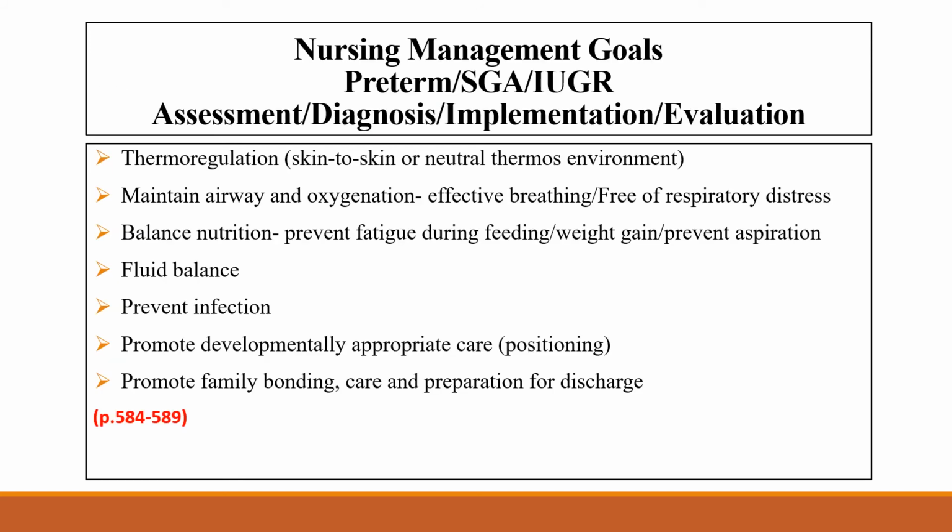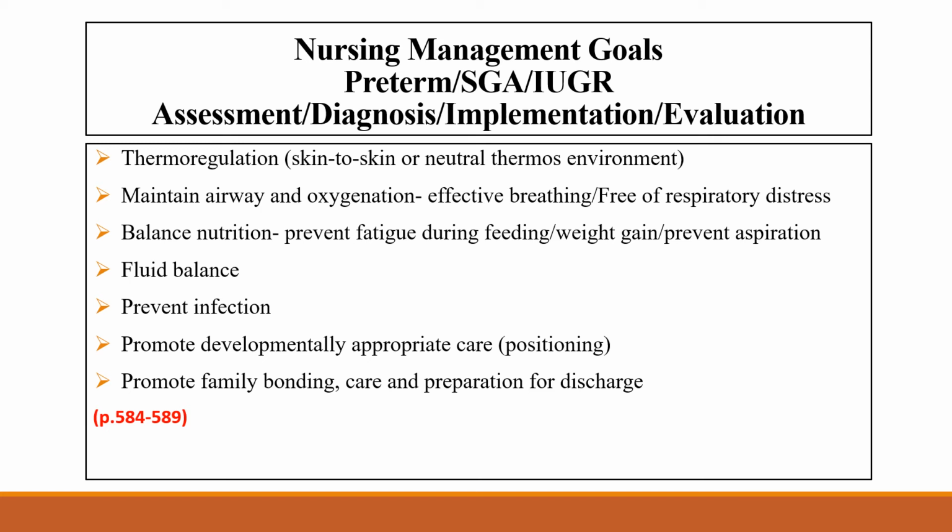So nursing management and goals for the preterm SGA IUGR infant: assessment, diagnosis, implementation, and evaluation. Thermoregulation, skin to skin or neutral thermal environment is key. Maintaining the airway and oxygenation, effective breathing, free of respiratory distress.